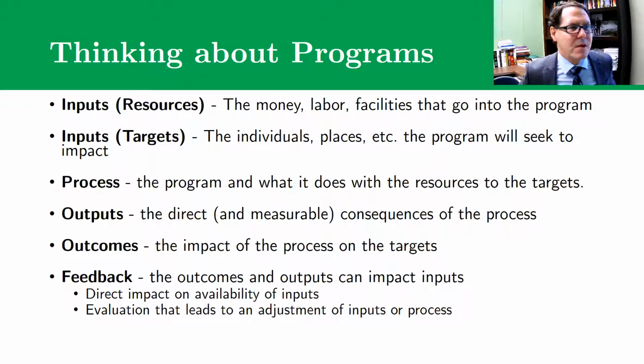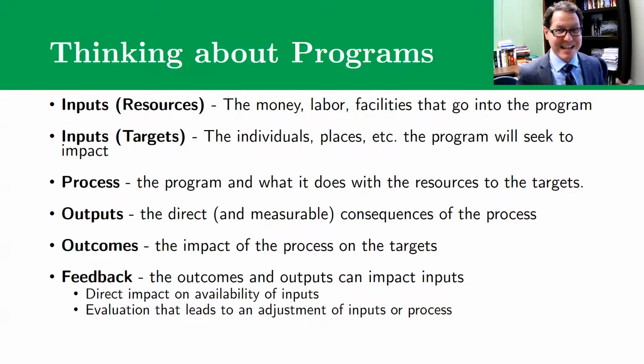Okay, so some vocabulary again. Some of this we've seen a little bit before, but I think it's worth highlighting. Our inputs are our resources: the money, labor, facilities, all that goes into our process. Also, the individuals that we're seeking to affect go into that process. They also get treated as inputs. We've got our process or our program.